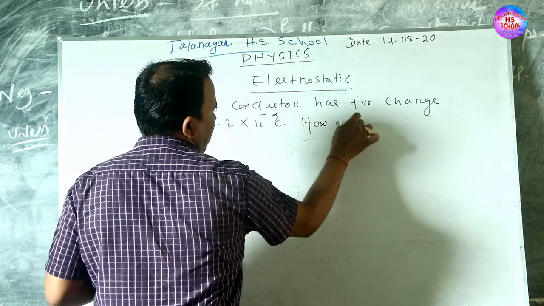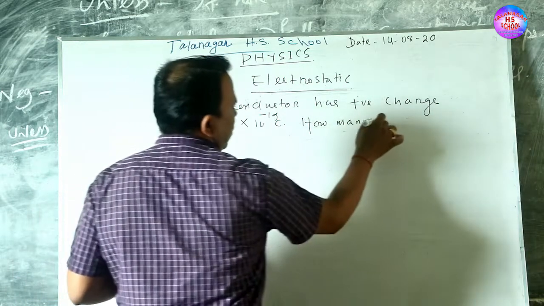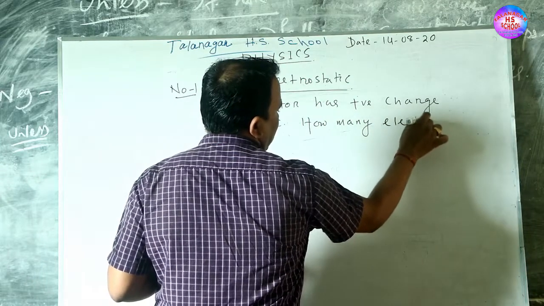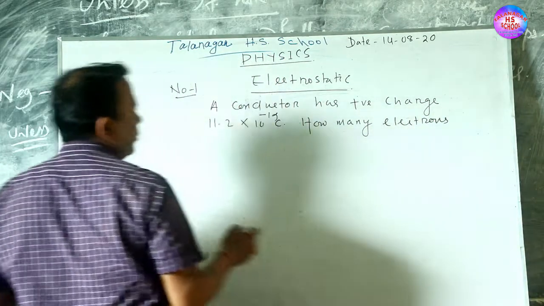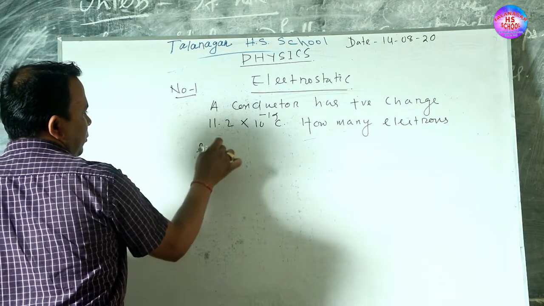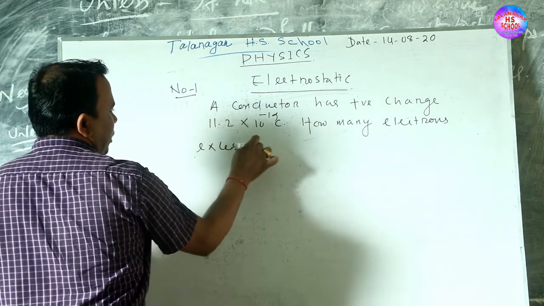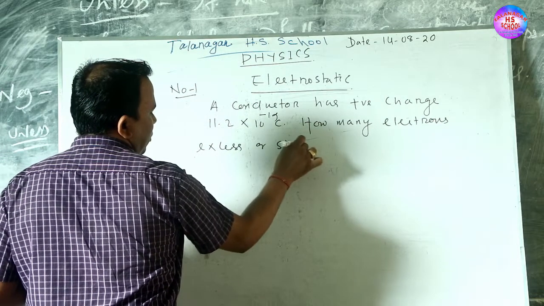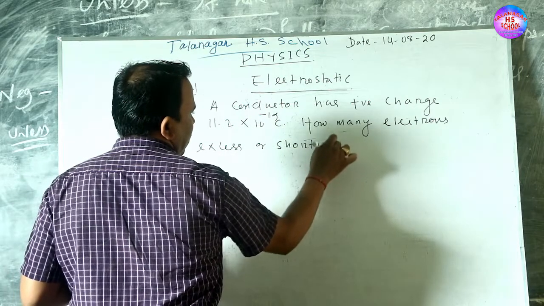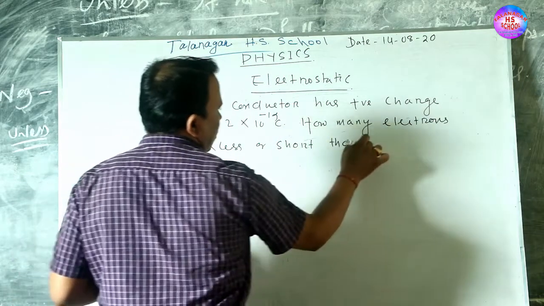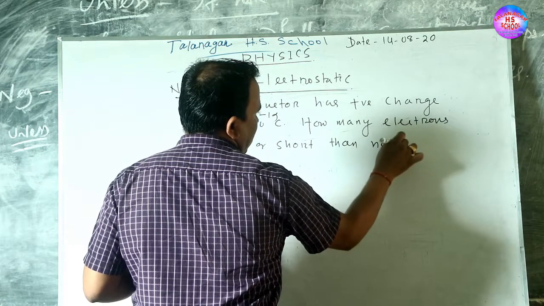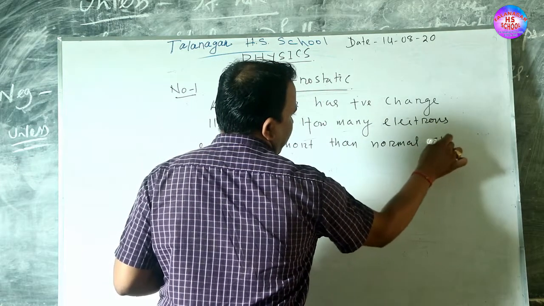How many electrons excess or short than normal state?